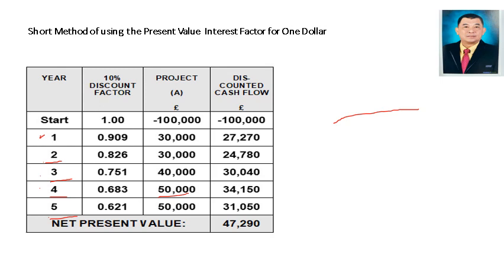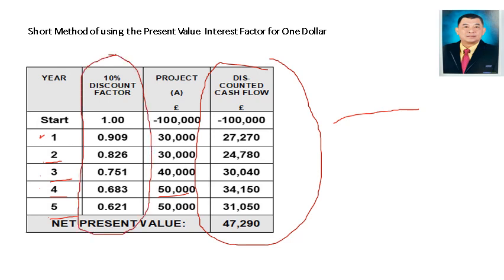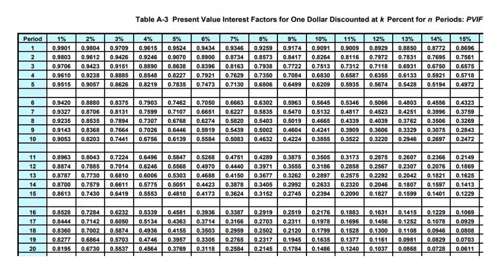Now, the question here, guys, is this one: these rows can be computed after we determine the different discount factor. How are we going to find this one? That's why it's called a short method, because there is a particular factor that you have to input. And this factor is already found in this present value interest factor table.